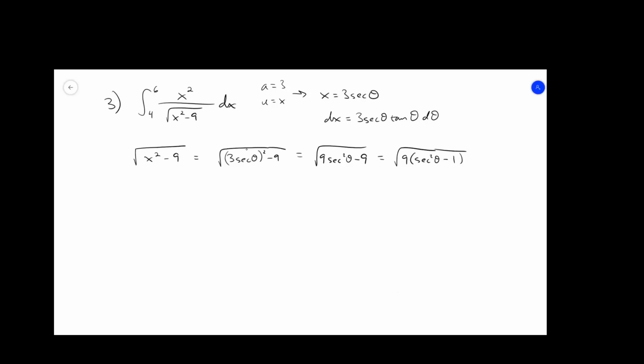Now you can kind of see why these forms are the way they are, because you want to end up with a Pythagorean identity that you can actually use. Secant squared minus 1 is equal to tangent squared. We could take out that root 9, tangent squared, and that just becomes 3 tan theta.